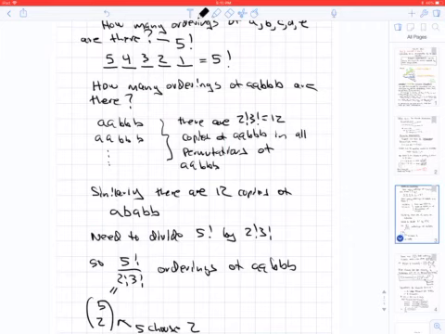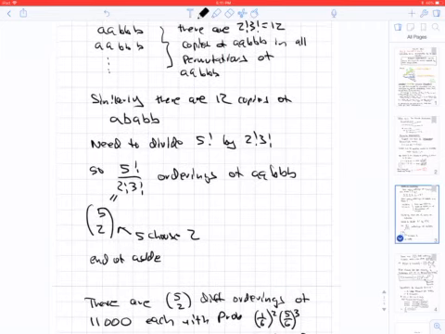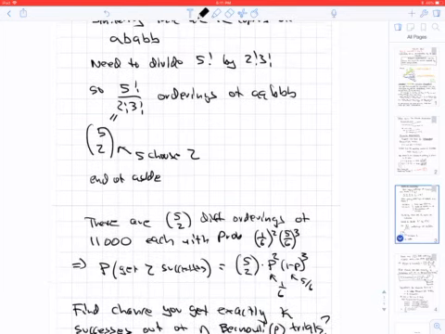We have 2 factorial times 3 factorial, which is 12 duplicates. And similarly, we would have 12 duplicates for other orderings. For example, ABABB would also have 12 duplicates. So what we need to do is divide 5 factorial by 2 factorial times 3 factorial. And that we define as 5 choose 2. Basically, out of the 5, you're choosing 2 to be A.